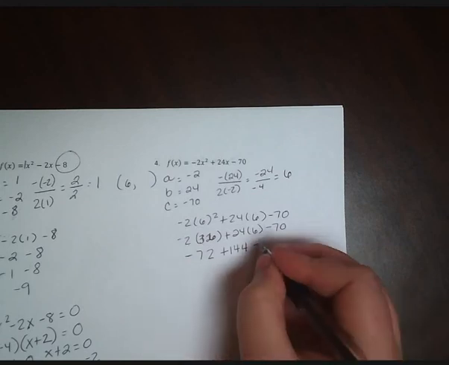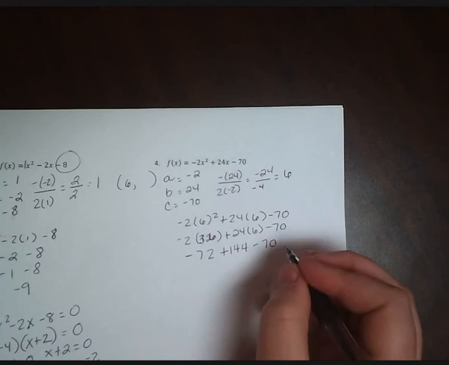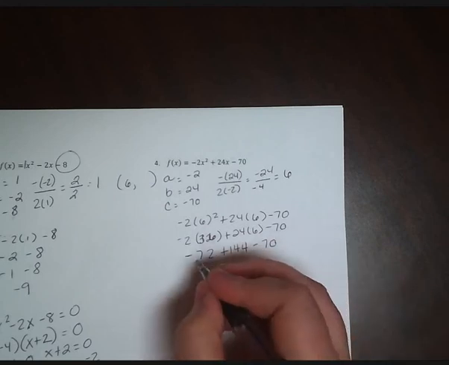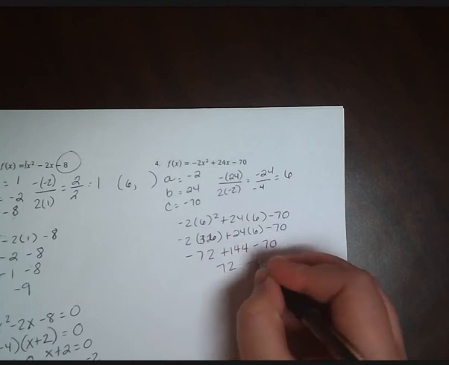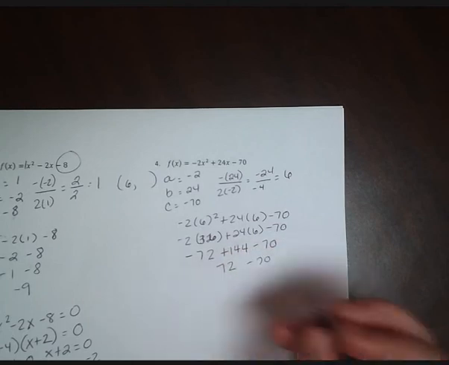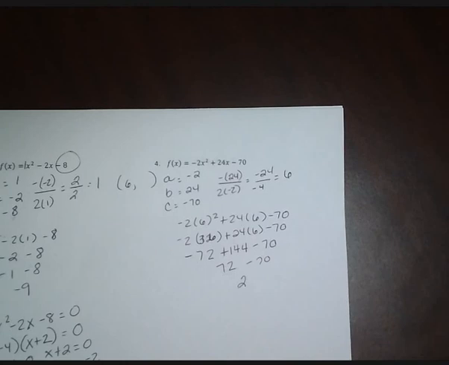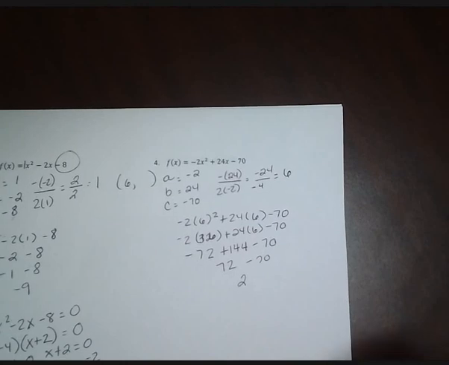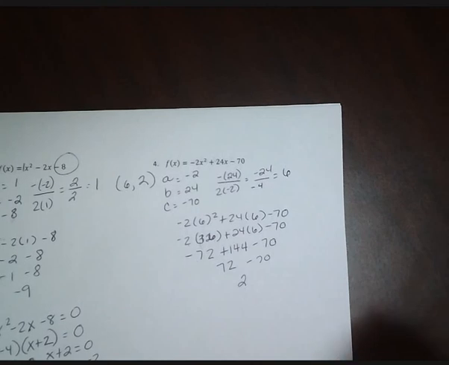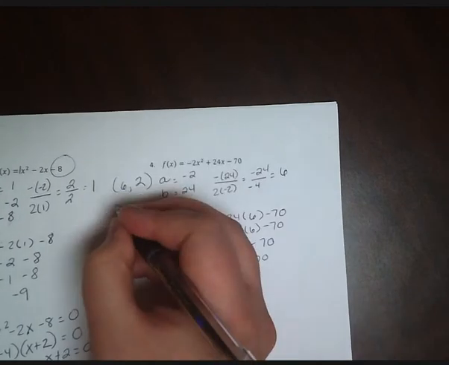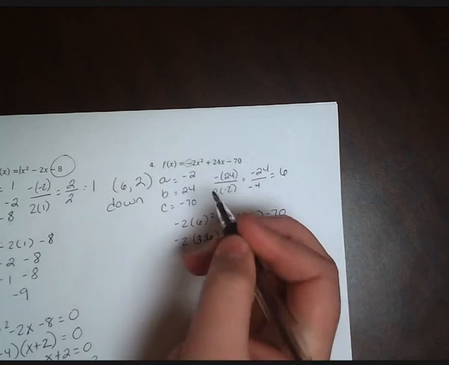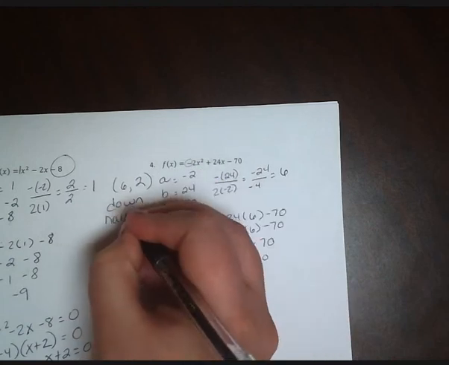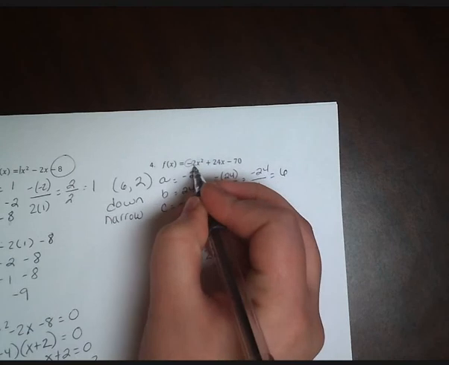Bring down your minus 70. So negative 72 plus 144 is a positive 72. Minus 70 is a positive 2. So our vertex here is going to be at 6, 2. And our graph is going to go down because it's negative. And it's going to be narrow because it's a whole number other than 1.